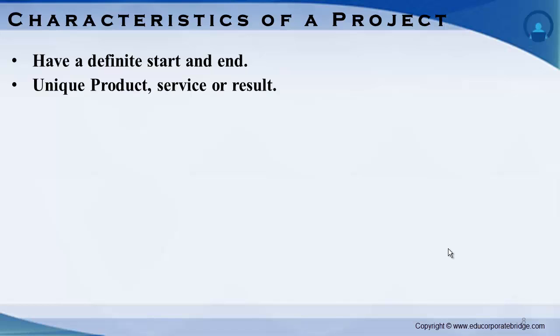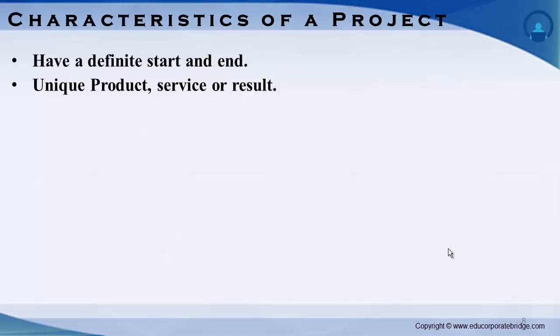Another characteristic of a project is a unique service or result. Any day-to-day work which is done on an ongoing basis cannot be called a project. There has to be a unique outcome, whether it is tangible or intangible.